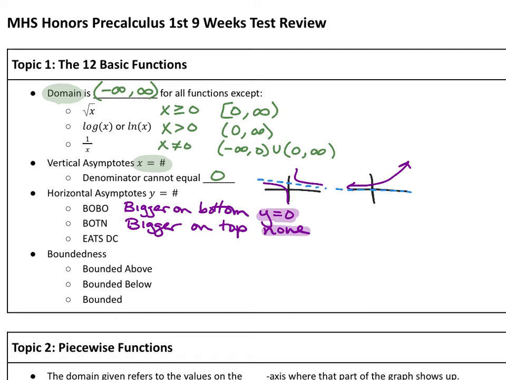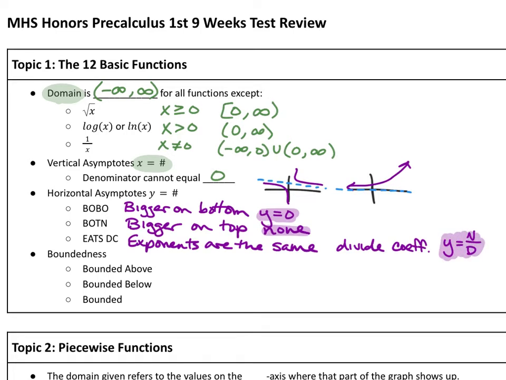And EATS DC stands for exponents are the same. So the power in the numerator is the same as the power in the denominator. So you're going to divide the coefficients of that rational function, so that y equals the numerator's coefficient divided by the denominator's coefficient. You divide the coefficients.